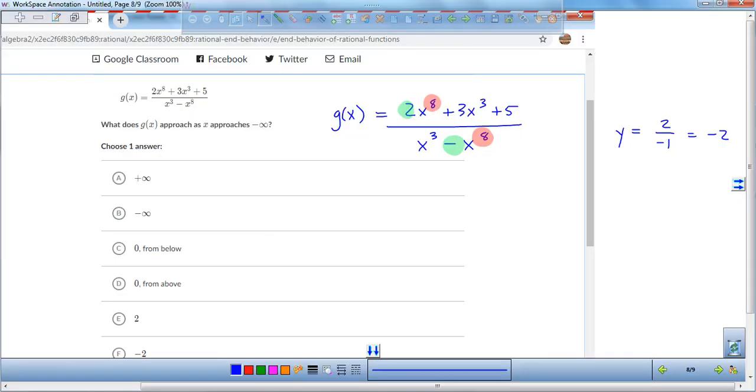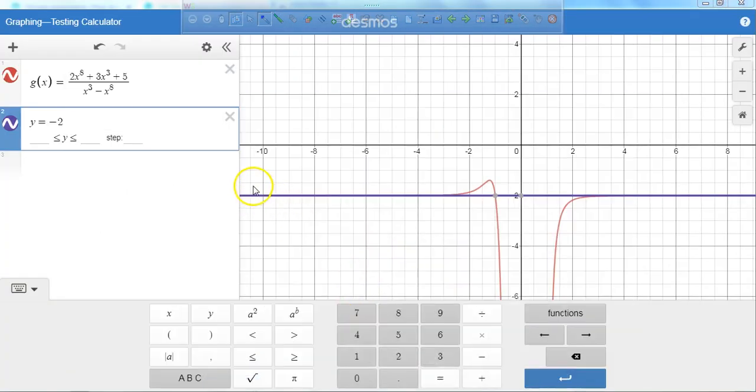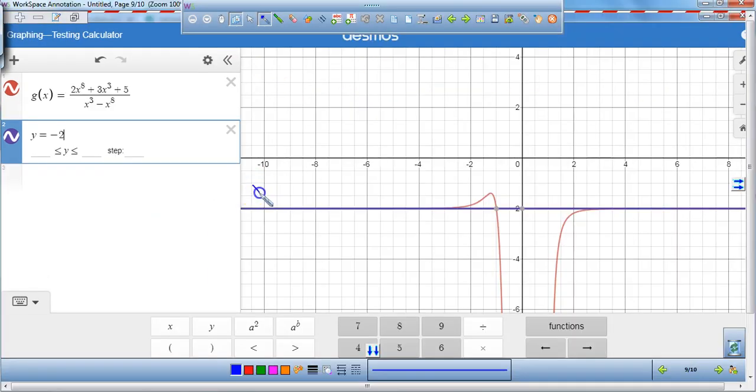But our question asks, what does g of x approach as x approaches negative infinity? So let's go over here. x is approaching negative infinity over here, so as x is going to the left, what is g of x approaching?